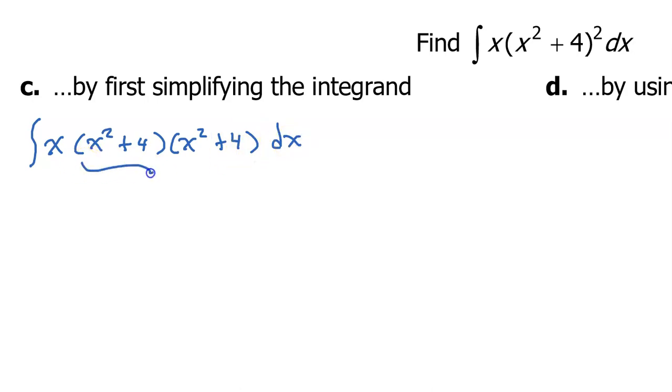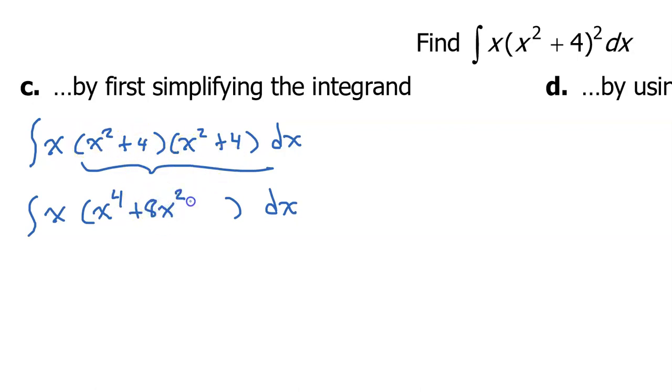Let's go ahead and multiply these out. So I'm going to get the integral of x times, and we have x to the 4th power, all right? 4x squared and 4x squared, when you add those together, you get 8x squared, and then plus 16.